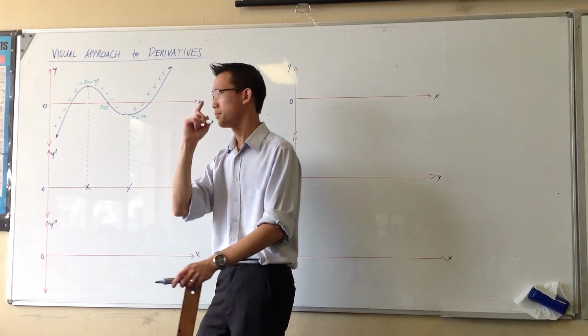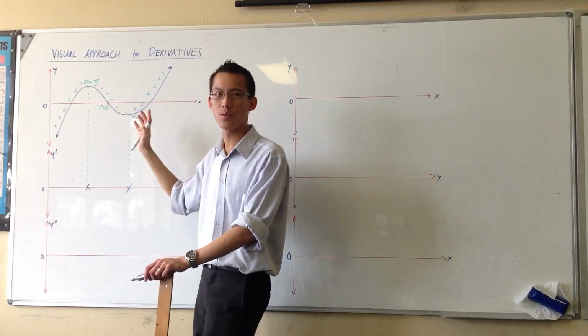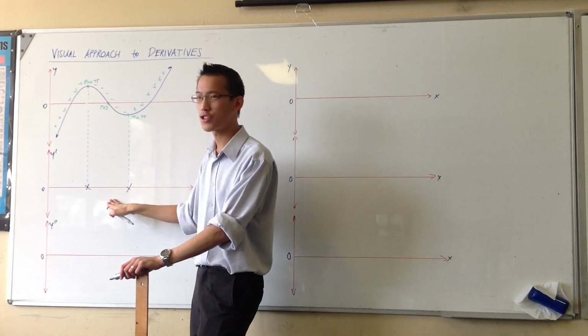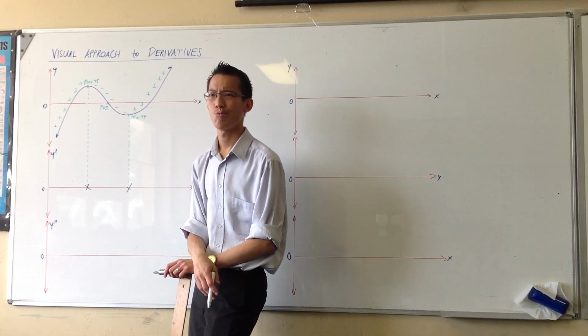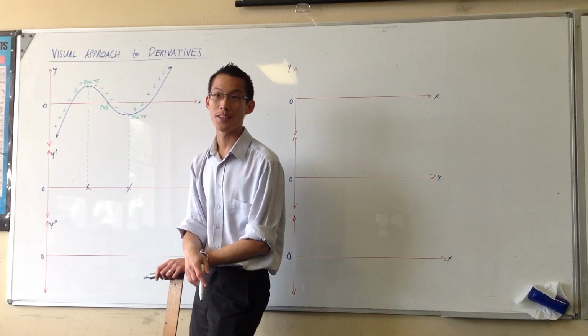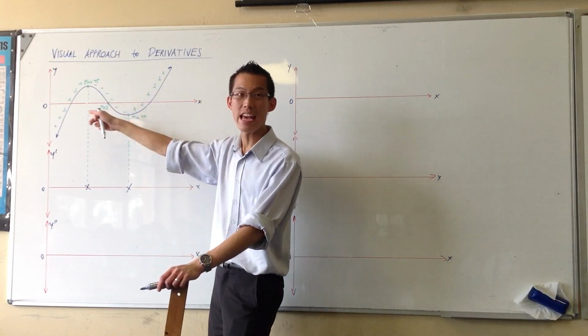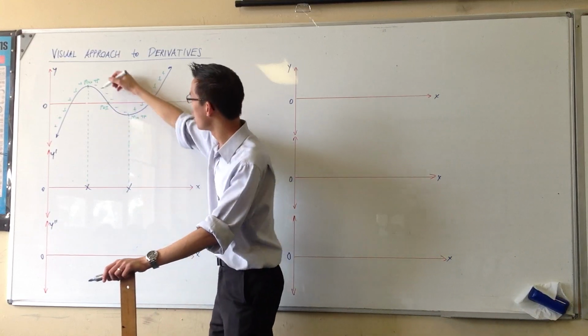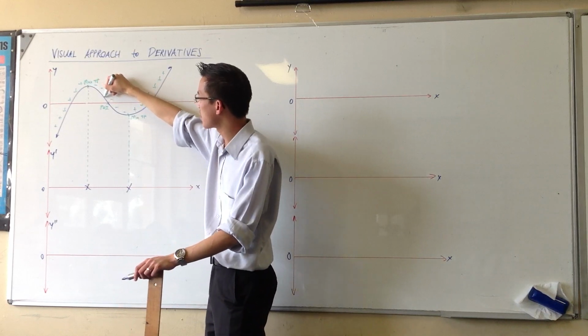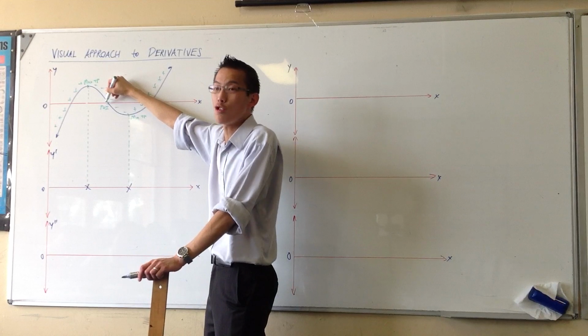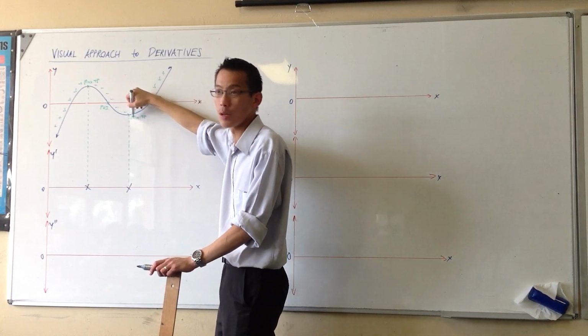Now, one more quick question. Where are you going to expect the derivative to be lowest? It would correspond to the point of inflection, right? Because that's where it's steepest. Here you're not very steep at all because it's next to the stationary point. Here you're getting steeper and steeper until this point, and then you stop getting steeper and you start getting shallower again.